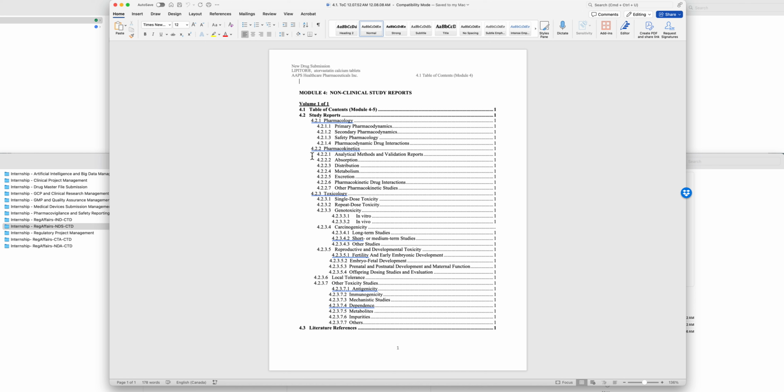Then in module 422, we are going to look into the pharmacokinetics. Pharmacokinetics is about what the body does to the drug. This is where again we are going to have several animal species.